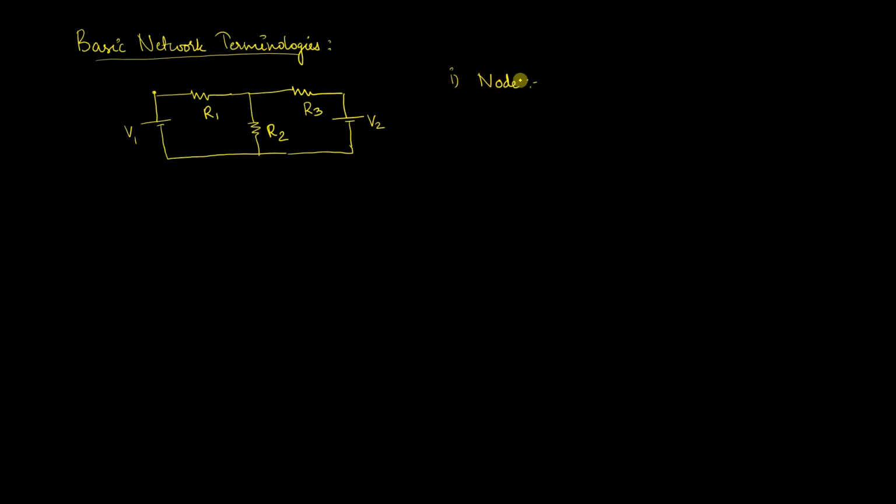A node is basically a point in an electrical circuit where two or more circuit elements are connected. It basically serves as a junction point, but here mainly it is the two or more circuit elements which are connected. So you can see I have voltage V1 and voltage V2.